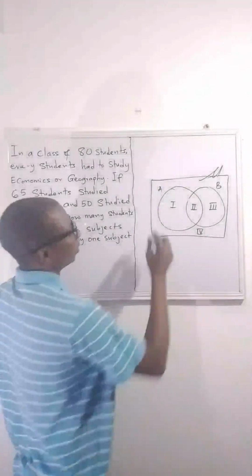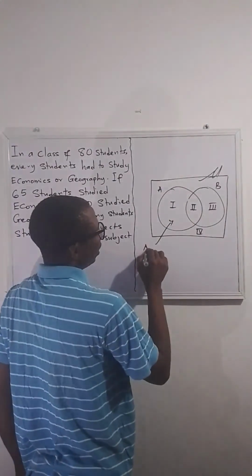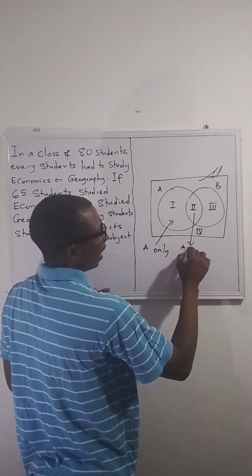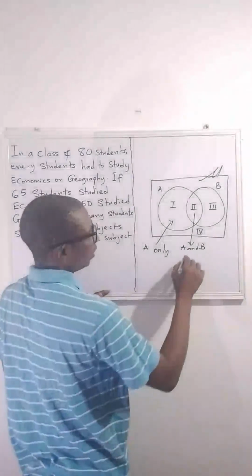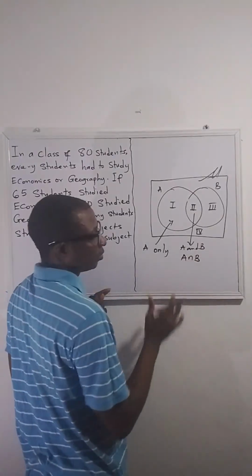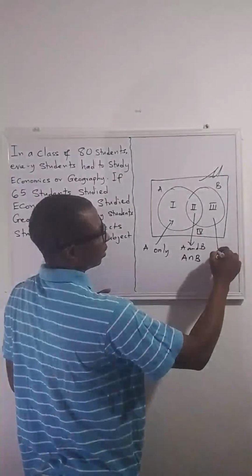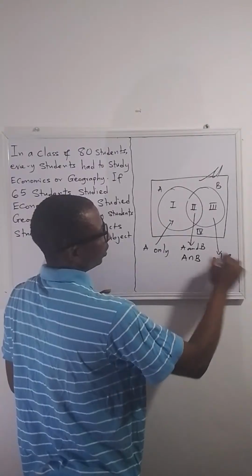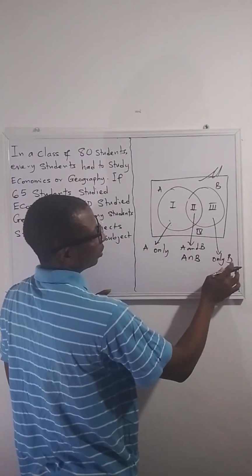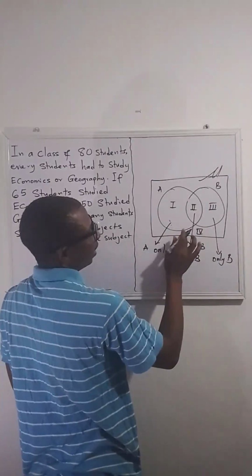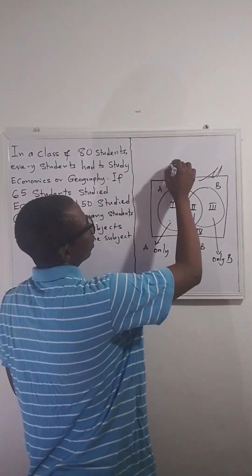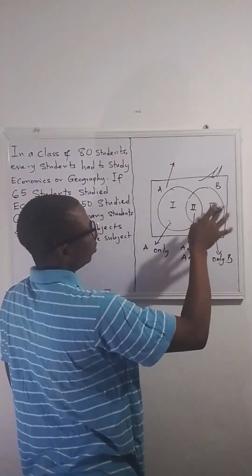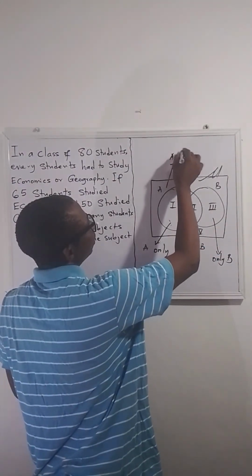So now this part is called A only. Now this part is A and B, or you write it as A intersection B. That is where we have A and B. This part is what we call only B. So now this part, outside here, is what we call neither B nor A, or neither A nor B. So that's going to be A union B complement.